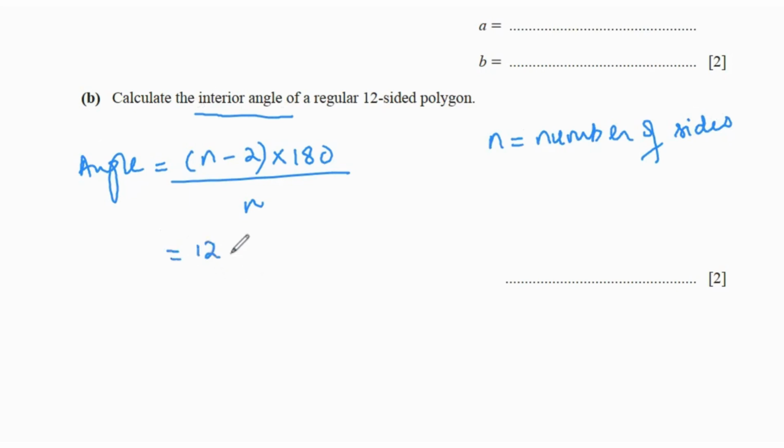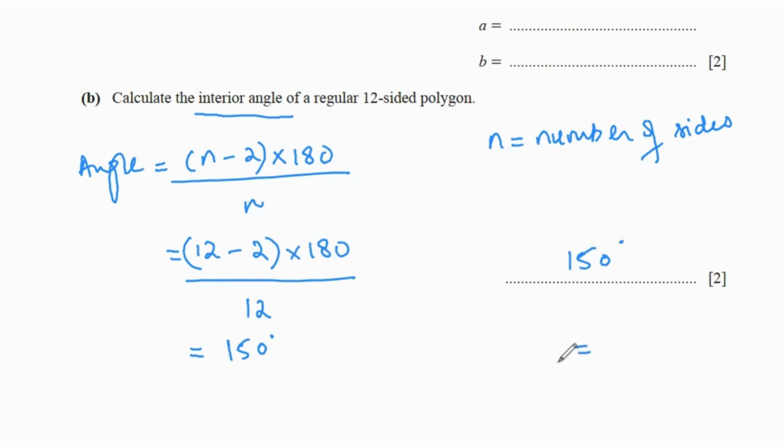So 12 minus 2 times 180 over 12. So 12 minus 2 is 10. 10 times 180, 1800. 1800 divided by 12 is 150 degrees. That's your answer. If they were asking you to find the exterior angle, it has the formula of 360 over n. This is your exterior angle formula.